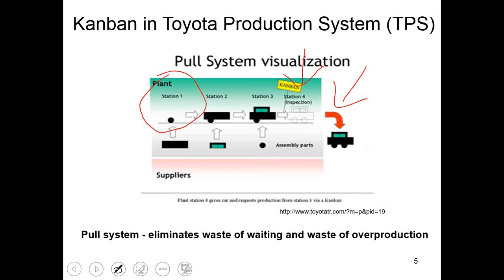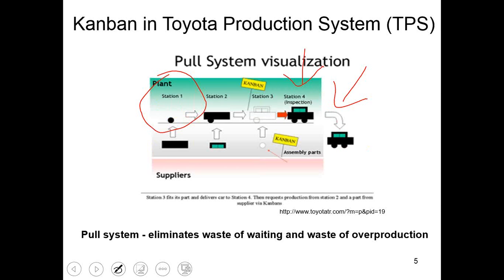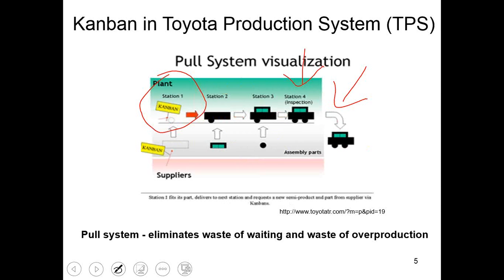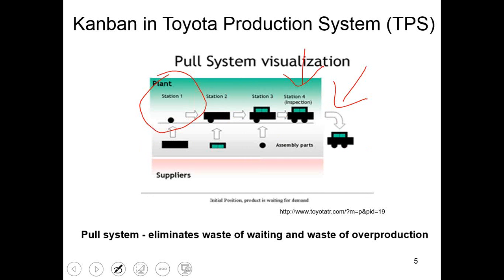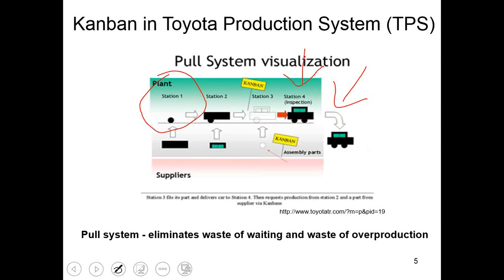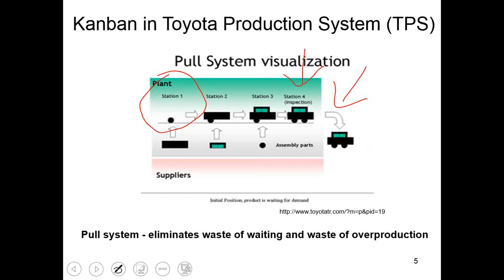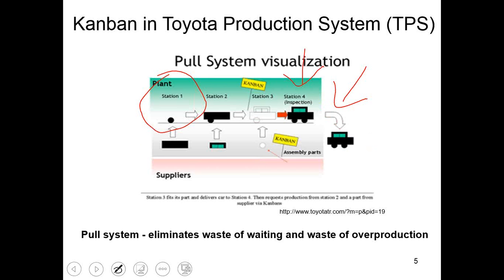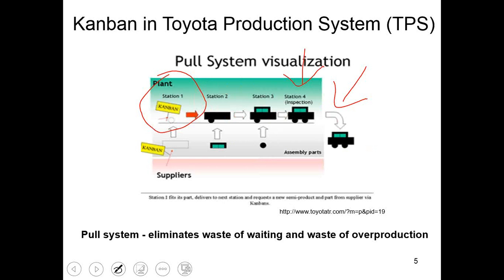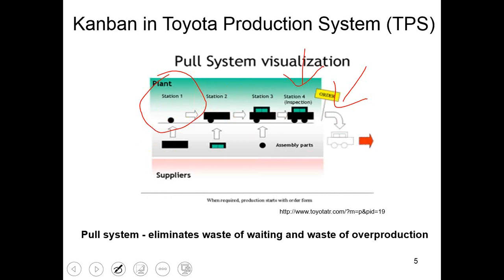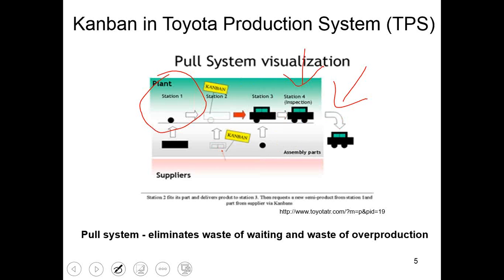Station 3, based on the demand from station 4, raises the Kanban card further to the station which is upstream. So where work used to get pushed from top to bottom in the earlier model, in the Toyota way, work used to get pulled by the downstream stations from the upstream stations. So how does this help you to avoid overproduction?